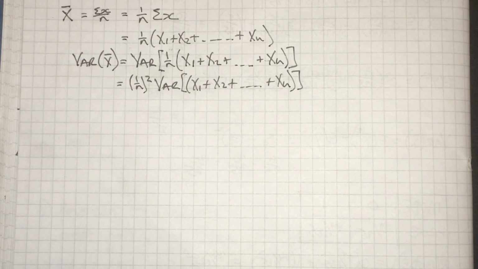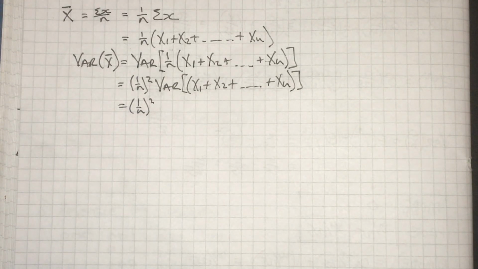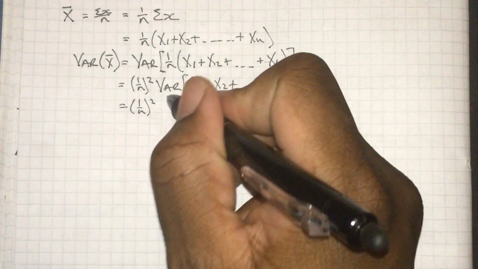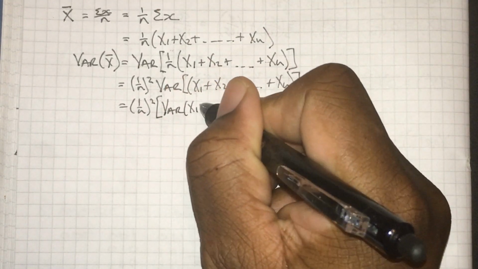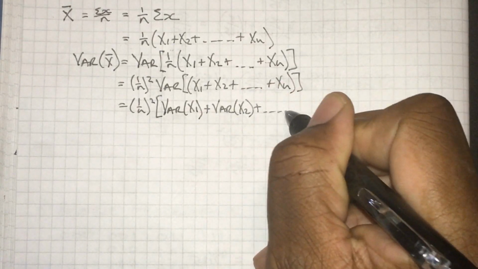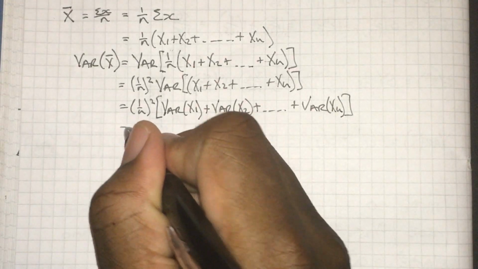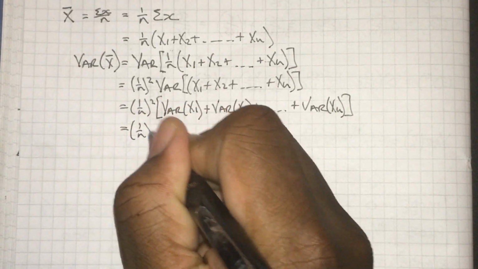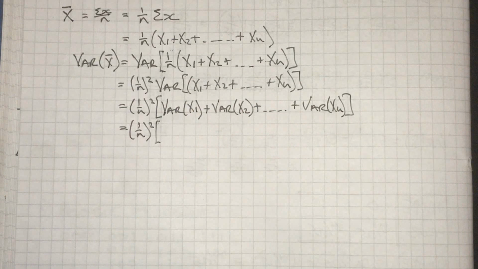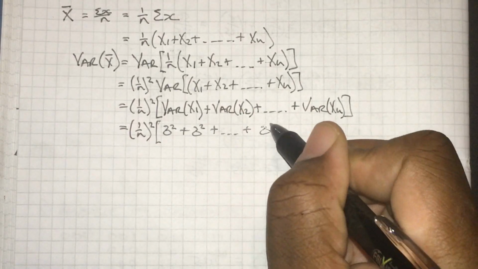And as we said before, the variance of one observation should match the variance of the original population distribution. So we'll go ahead and say that that's the variance of x1, variance of x2, all the way through to variance of xn. And I think you'll recognize this next part. I've got 1 over n squared, and each of these variances of an observation is going to be sigma squared.